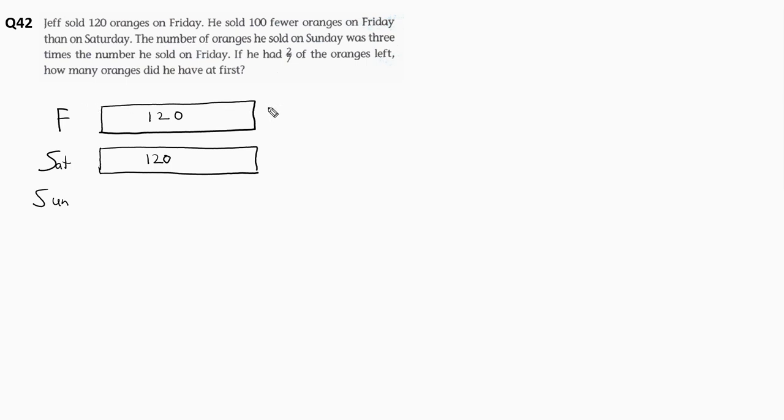But Friday has 100 fewer, so there's a gap here compared to how big Saturday's bar is going to be, and I'm going to draw another quite substantial amount for Saturday. If Friday has 100 fewer than Saturday, that means this part of Saturday's bar has a value of 100.